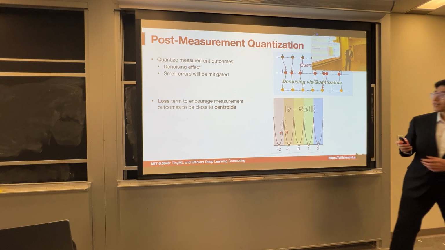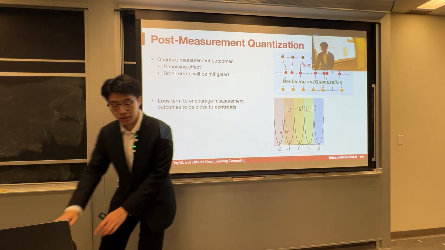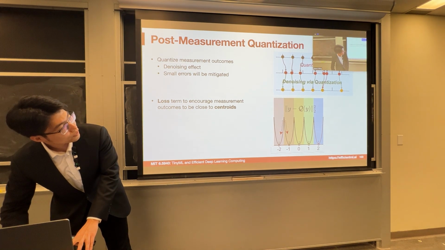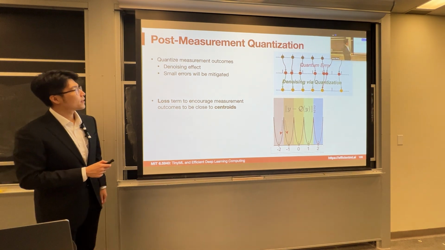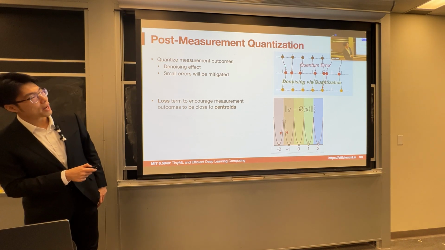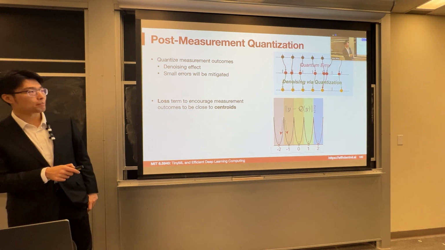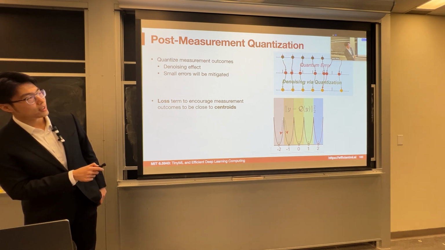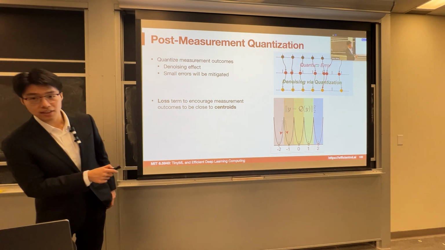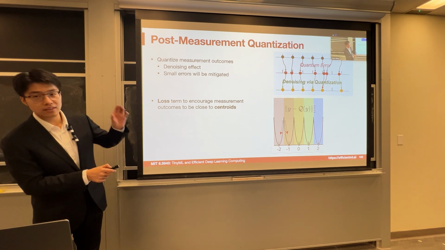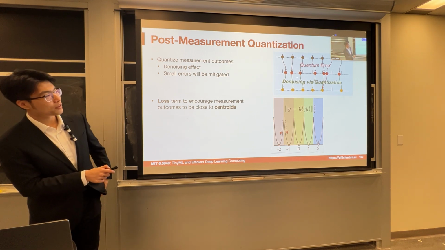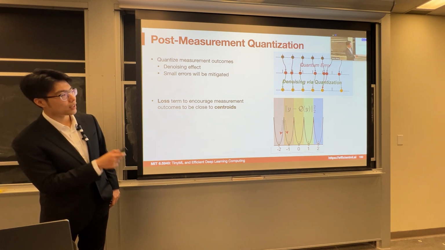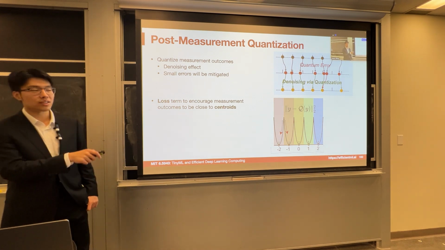So another thing is that we can do some quantization for the result. For example, here we can see the result after measurement can be impacted by noise. Previously those were the values on the black circles here, and because of some quantum error, there is some small drift, right? But after denoising via this quantization, we can project them back to the centroids.